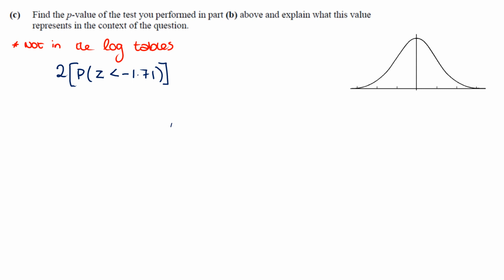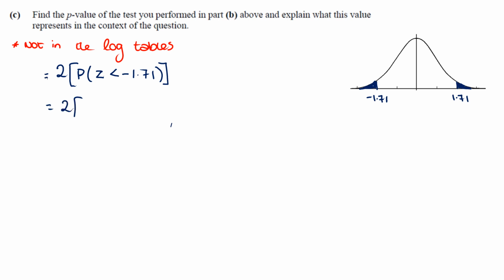Effectively what we're going to do, we're going to look at the tails. We want to figure out this tail, where this is minus 1.71, and also this tail, which is plus 1.71. Because this is symmetrical, simply doing it once is absolutely fine.